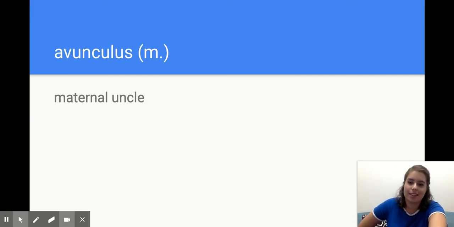And again, this is going to be a little bit complicated with the Latin. It likes to be very specific about things. So we have patruelis. And this happens sometimes in Latin where one word can be either masculine or feminine, and it will depend on the gender of the person.